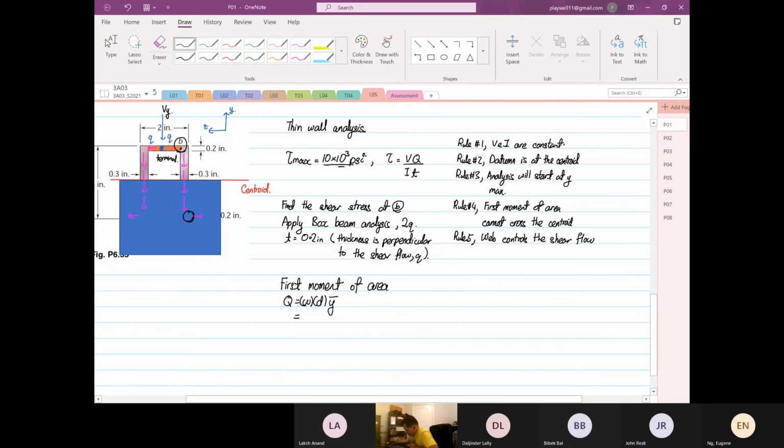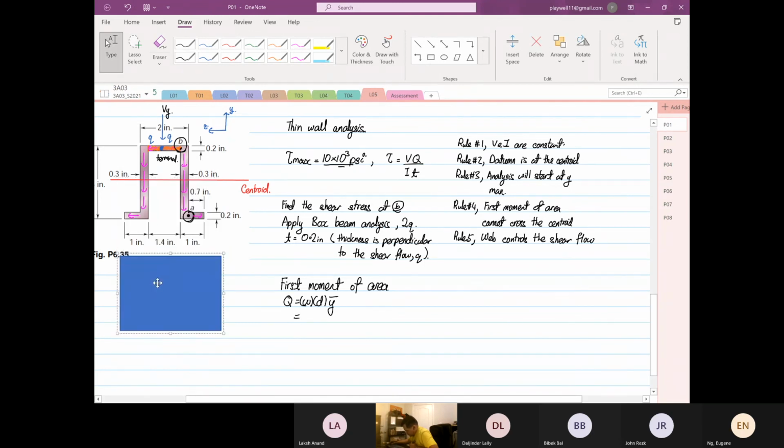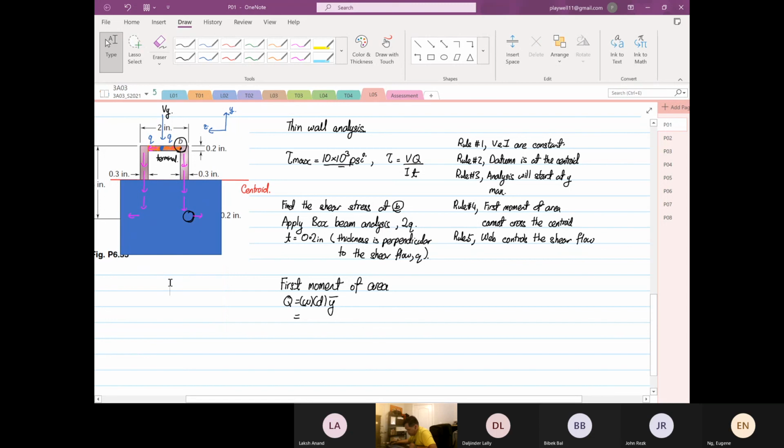So the width, if I cover here, is 2 inch minus 0.3 both sides. So 2 minus twice 0.3, once 0.3, twice. The depth is 0.2.